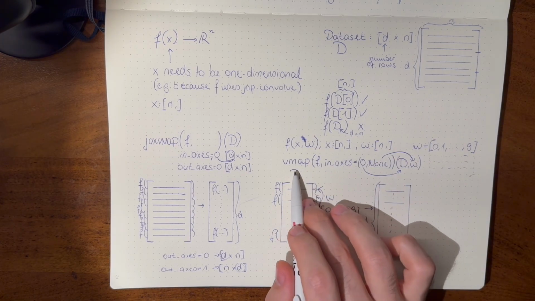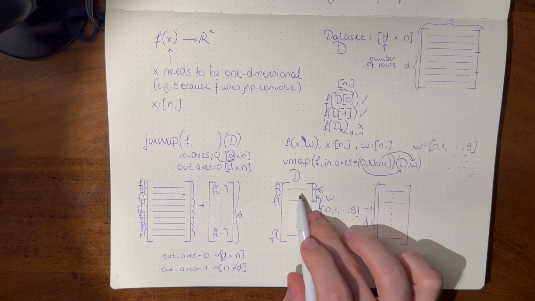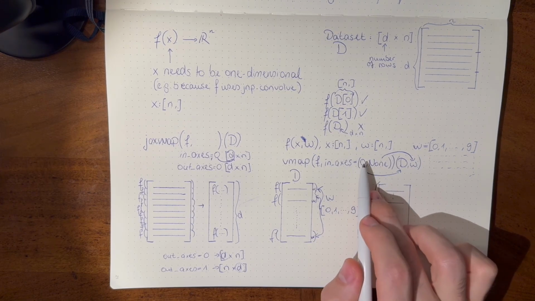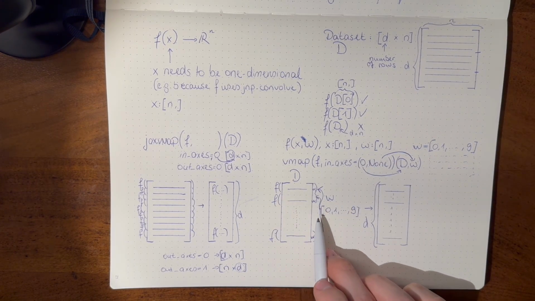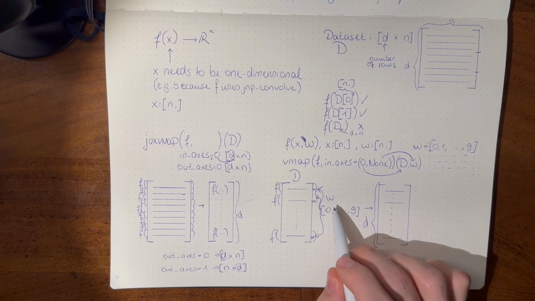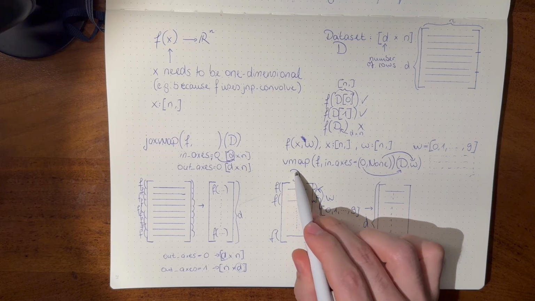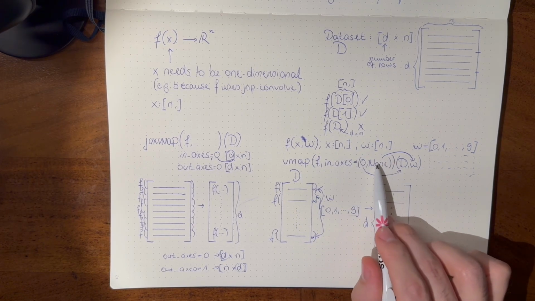So when we call VMAP like this, what happens under the hood is, again, you have your dataset and you apply the function across the 0th dimension of your matrix, so along this axis, but you also have your W here, and your function f now gets as input each row of your dataset and also the entire W as is, because we defined None here.